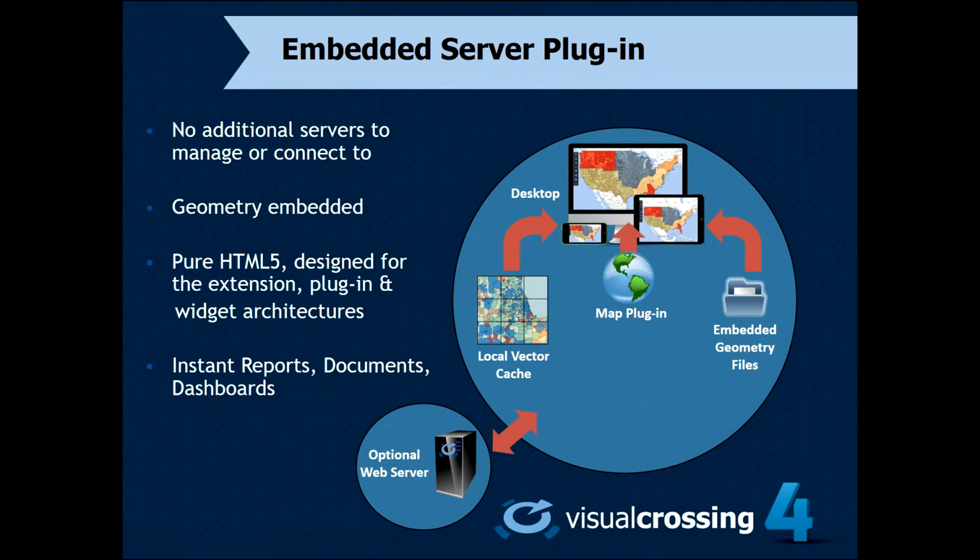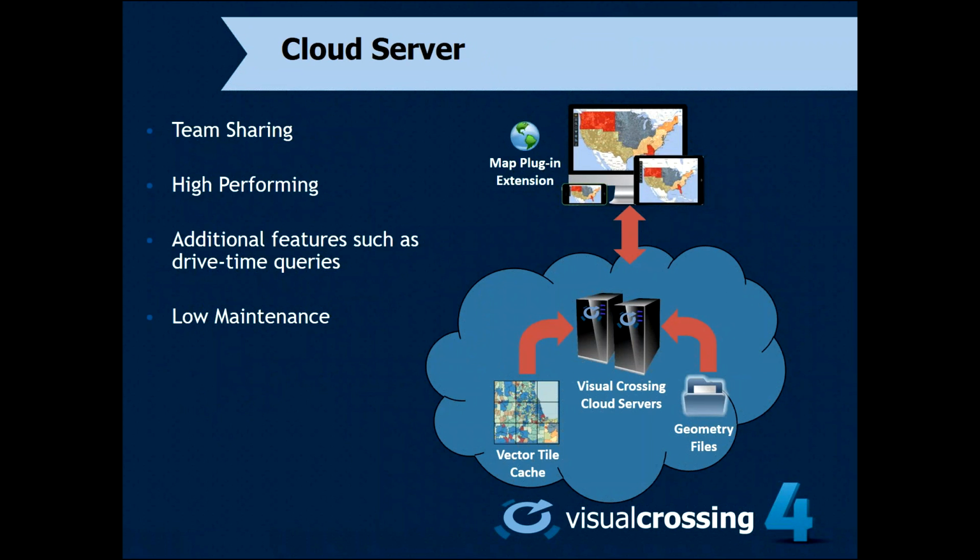You'll notice one little side bubble here showing an optional web server. Just because you chose to go on the desktop and use the plugin or extension directly, you wouldn't be limited in how you can connect to our server. So if there is information out there and you want to pull from other sources of data, that's entirely up to you. You can set up a team server or use our cloud. It's entirely up to you, so you can have the best of both worlds in that mode.